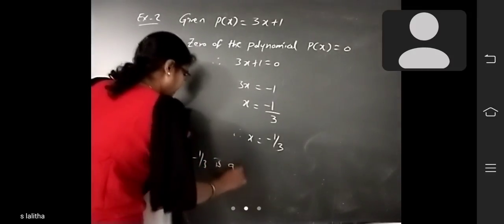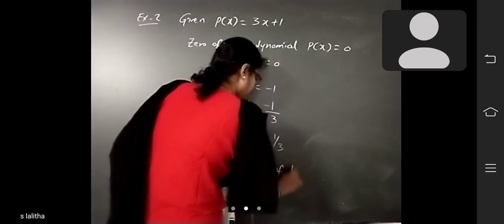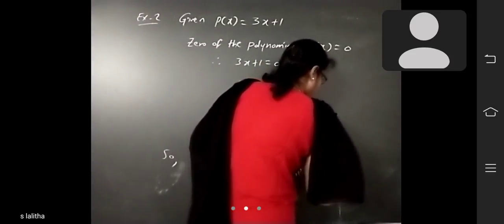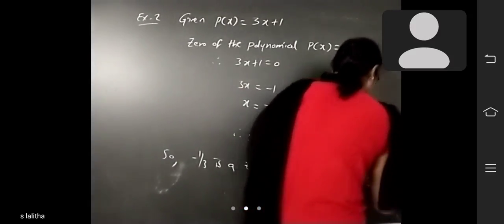Minus 1 by 3 is a 0 of the polynomial 3x plus 1.